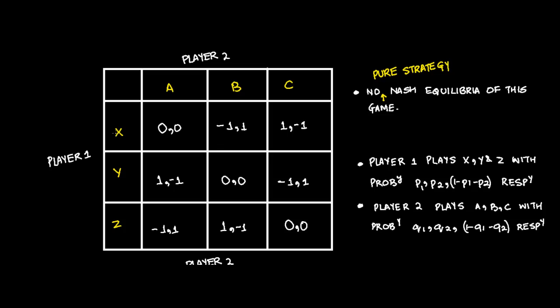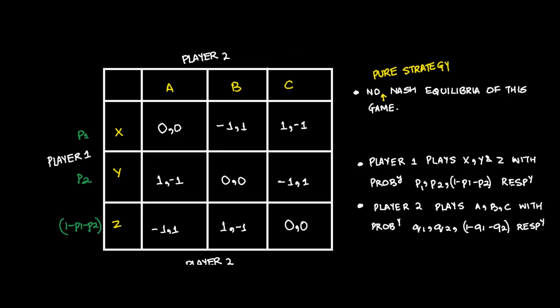What we are going to do now is find the mixed strategy Nash equilibrium. Since you cannot ignore any of the strategies, you have to assign probabilities to each of them. So player 1 plays X, Y, Z with probabilities P1, P2, and 1 minus P1 minus P2 respectively.